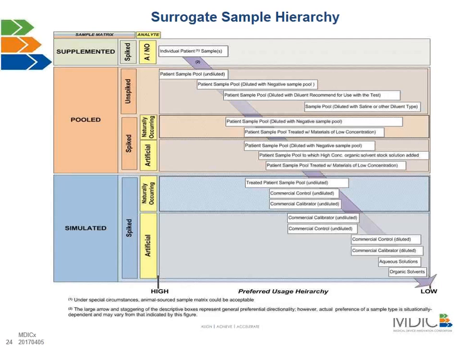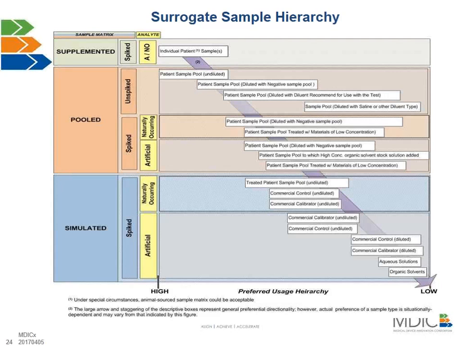For example, if acquisition of a matrix through individual specimens or pooled specimens is not feasible, so if category 1 supplemented and category 2 pooled are just not feasible options for the particular situation, one would then next move to the box indicated as simulated.